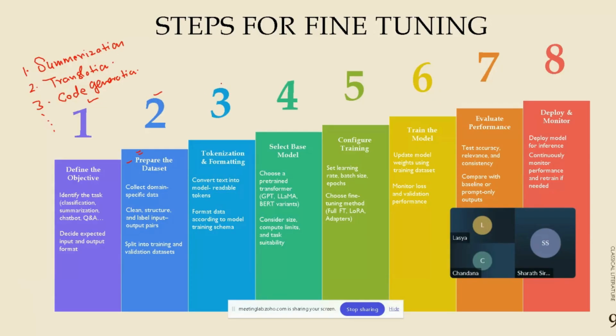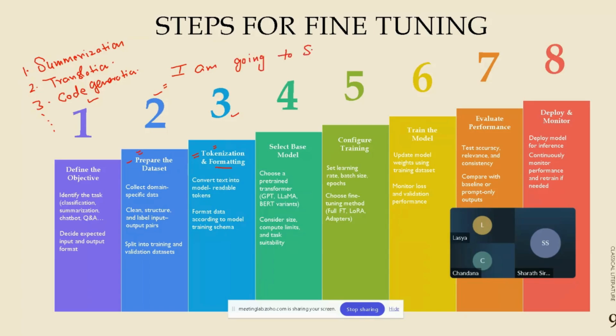The third step that we are following is performing the tokenization and the formatting. I'm just giving a quick overview of tokenization, not going in depth. Until step number 2, we have text data, for example, I am going to school.